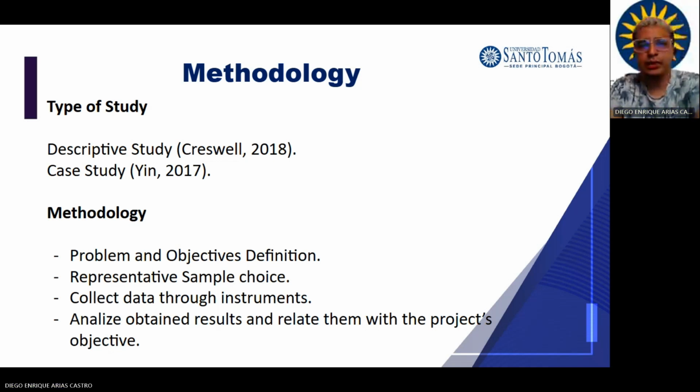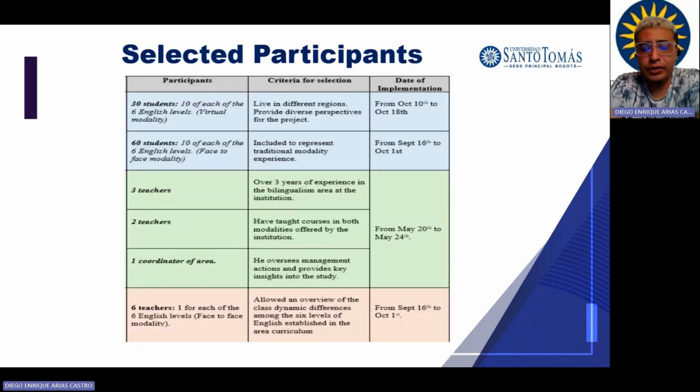For selecting the participants of this project, we considered some students from the bilingualism area at the higher education institution, some teachers belonging to the bilingualism area as well, and the coordinator of the area, as it was an important stakeholder of the project itself.